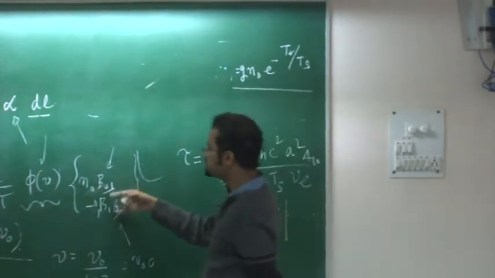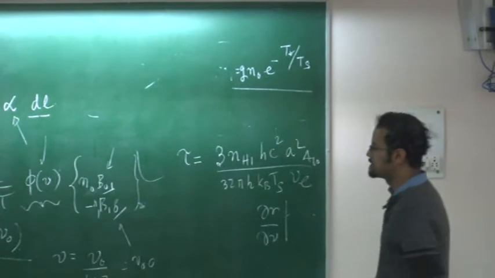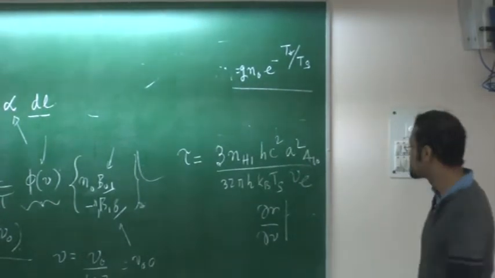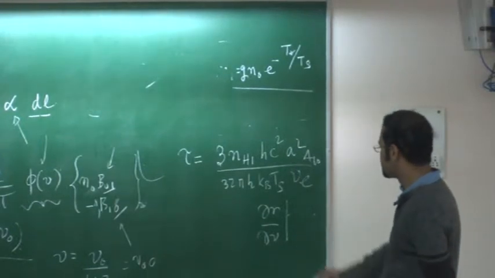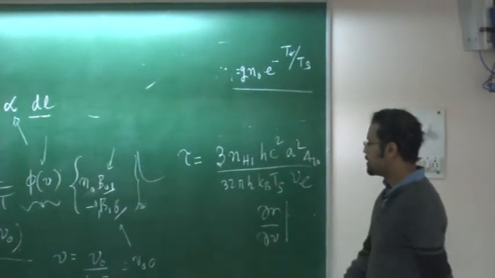You can convert these B's to the A coefficient, because that is usually what is given in tables, and finally you have this. That's your expression. So if you can find this, you know tau.